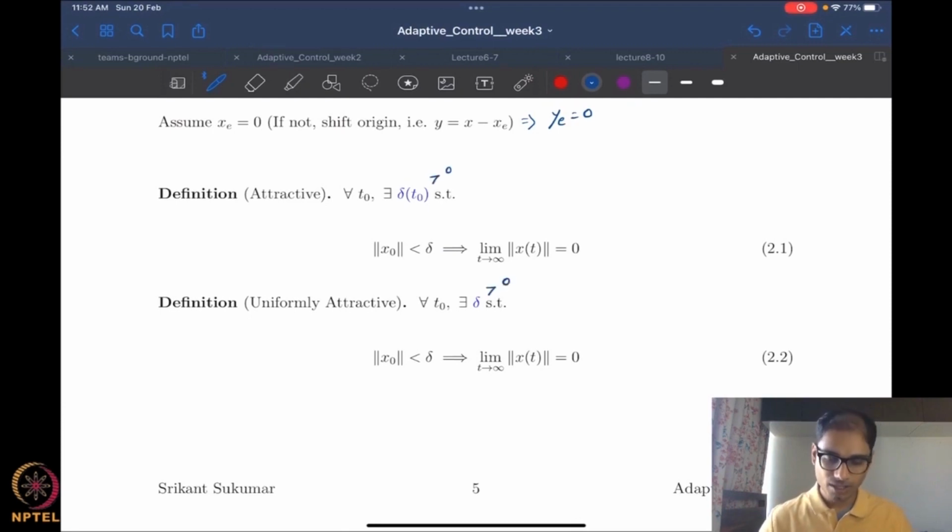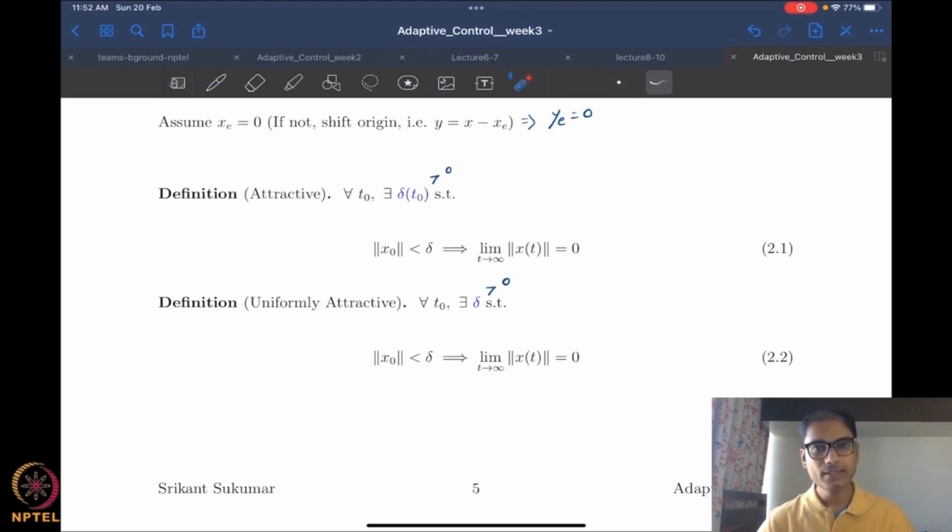This is important, so let's not miss this. The delta needs to be a positive quantity, and it cannot depend on t0, so it's just a constant. So for uniform attractivity, you need to find a positive constant delta such that initial conditions within the delta ball guarantee that your state trajectories converge to the origin as t goes to infinity.